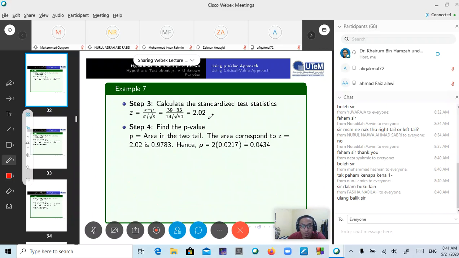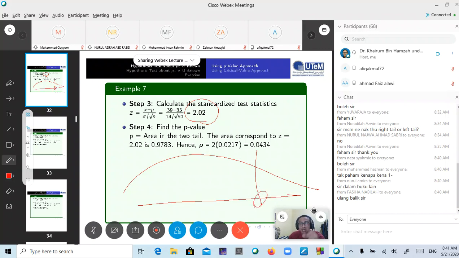Bila awak tengok 2.02, okey. 2.02 duduk kat mana? Ni, duduk kat positive side. 2.02 duduk kat sini. But your table is table less than. Remember, kalau table less than maksudnya dia masuk sini semua ni.